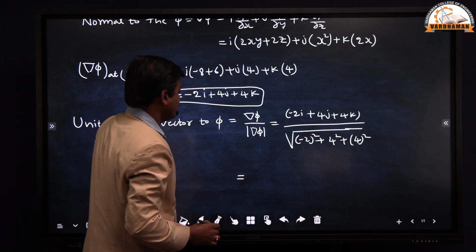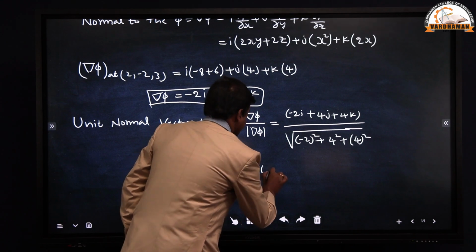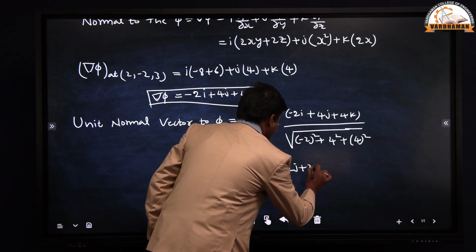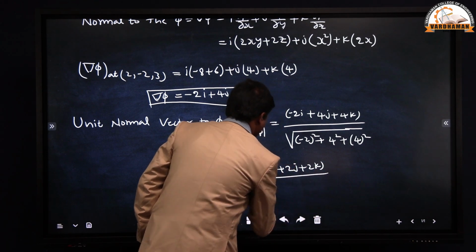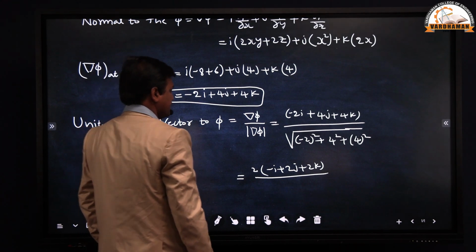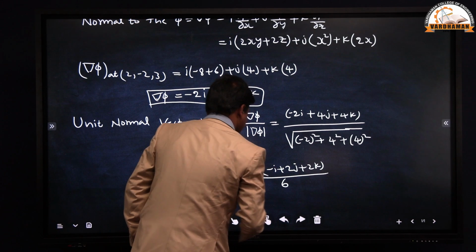We can take 2 common from the numerator, minus i plus 2j plus 2k by 4 plus 16 plus 16, 36. Root 36 is 6.